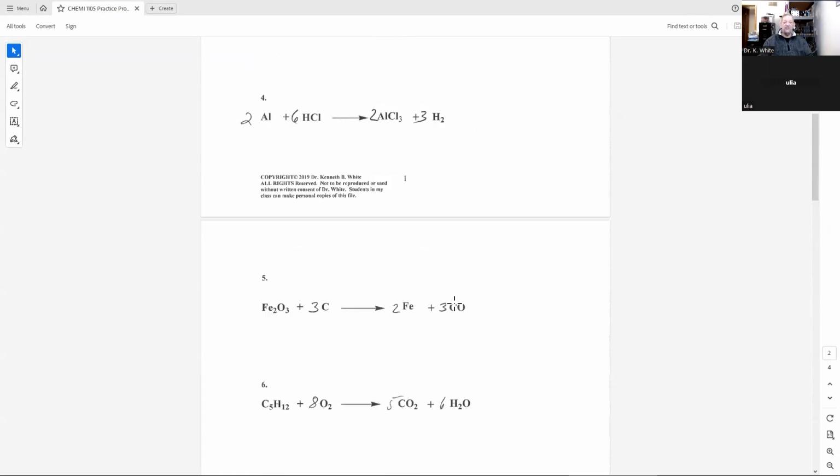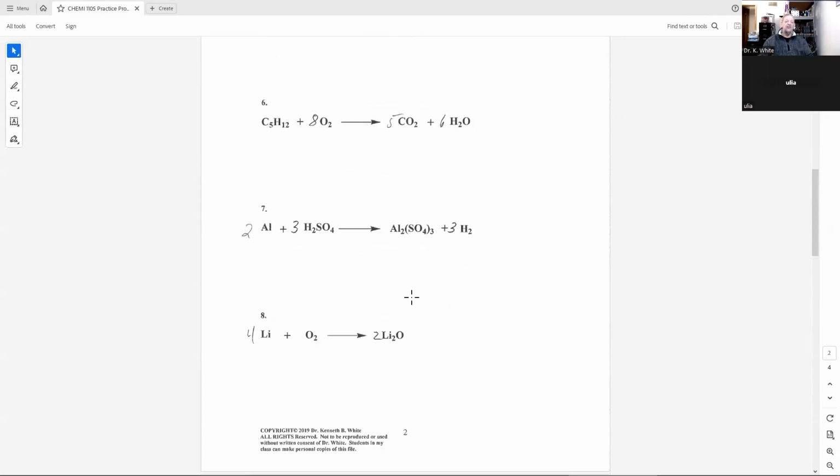My advice to you is do hydrogen and oxygen last. If we look at number 7, forget about the coefficients. 1 aluminum, 2. So to get this to 2, I'll put a 2 in front.